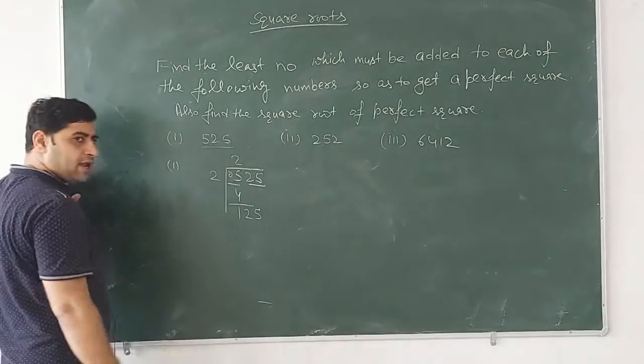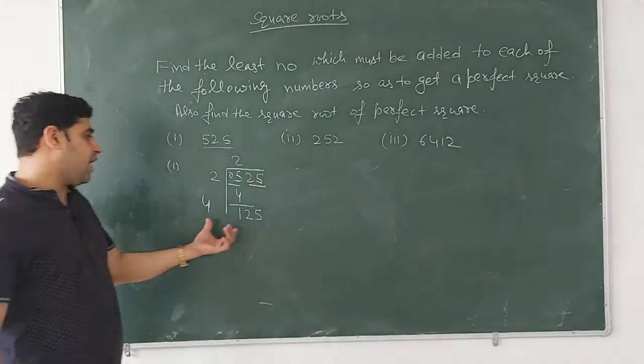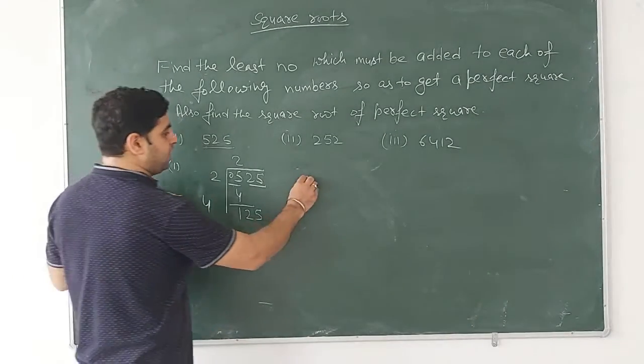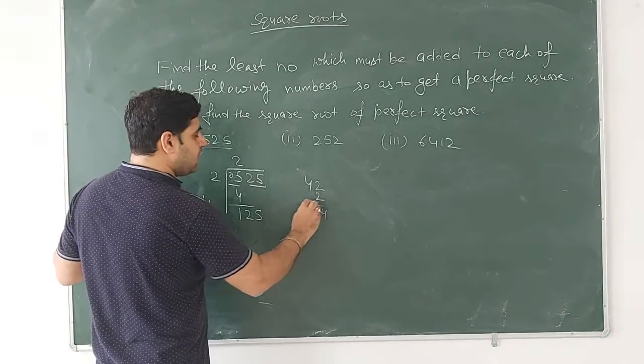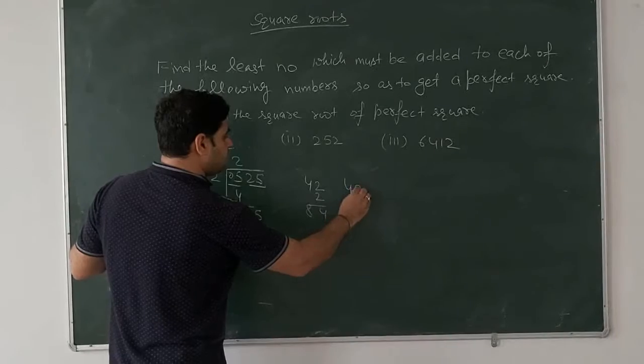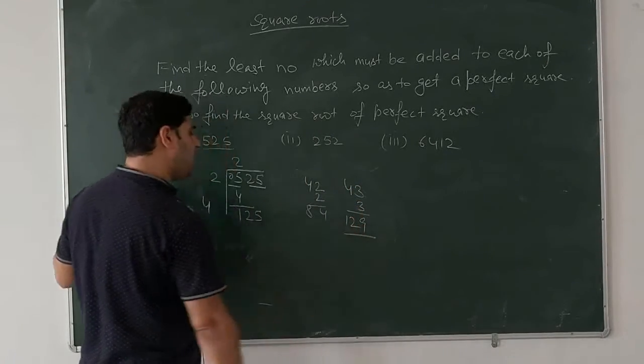The pair will be carried down. 2 to the 4, so here we write 2, 2 twos are 4, 2 fours are 8. Here 4, 3, 3 threes are 9, 3 fours are 12.